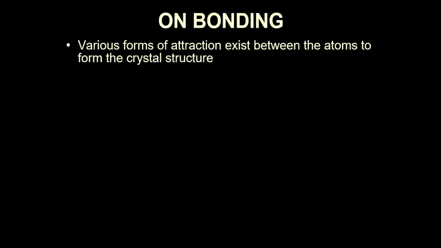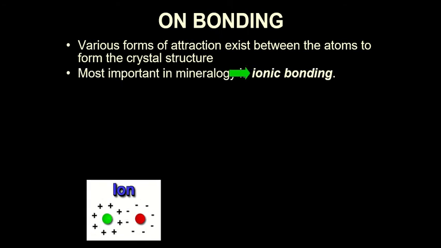So how you get these minerals is through bonding of elements. There are various forms of attraction that exist between the atoms to form the crystal structure. The most important in mineralogy is called ionic bonding.